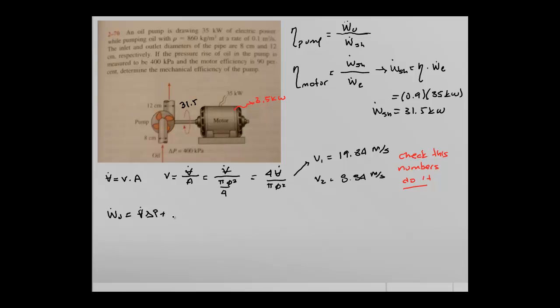So that would be my flow rate times my density, which of course is a mass flow rate, times the change in kinetic energy, V2 squared minus V1 squared over 2.